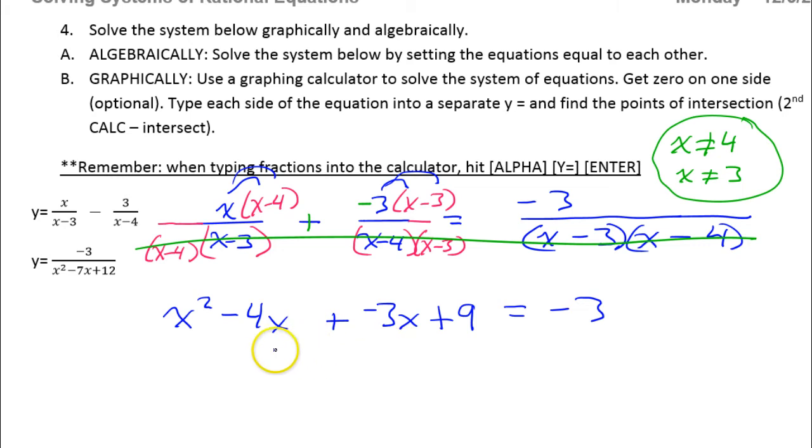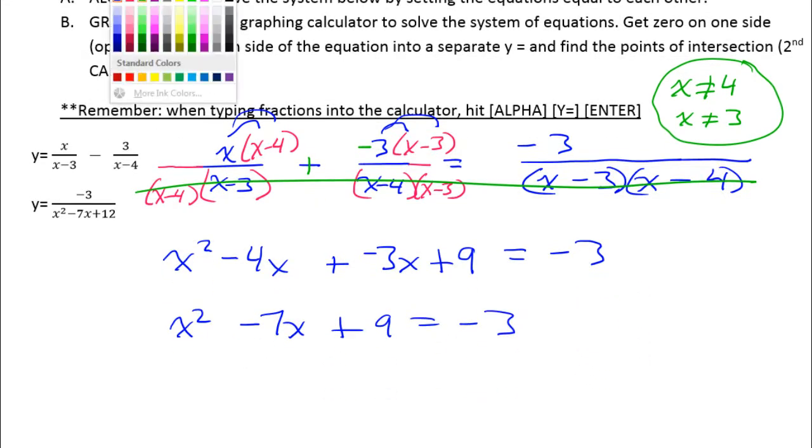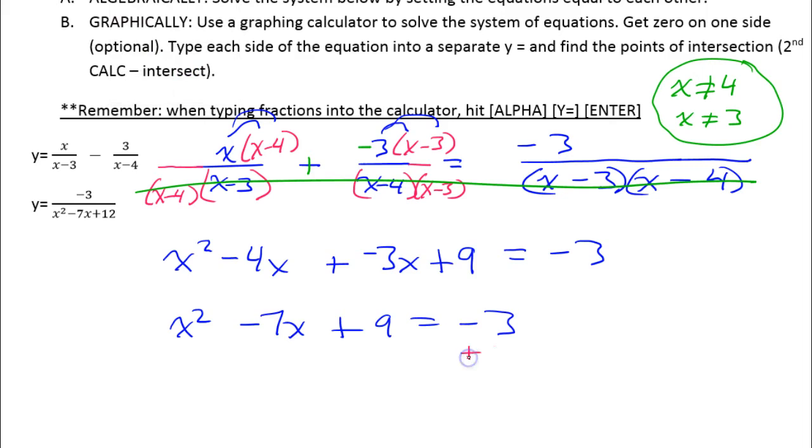Okay, so combining like terms. So here I have x squared minus 7x, all right, putting these two together, plus 9 is equal to negative 3. Let's add 3 to both sides.